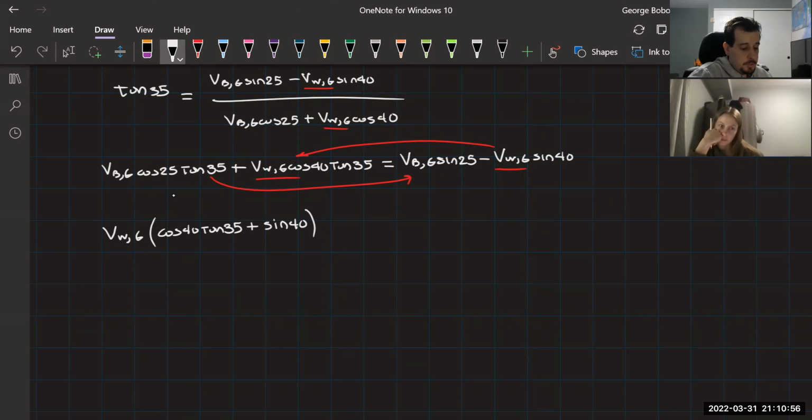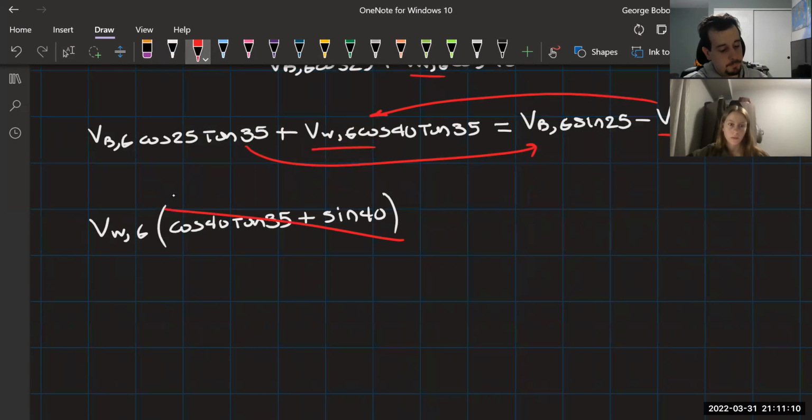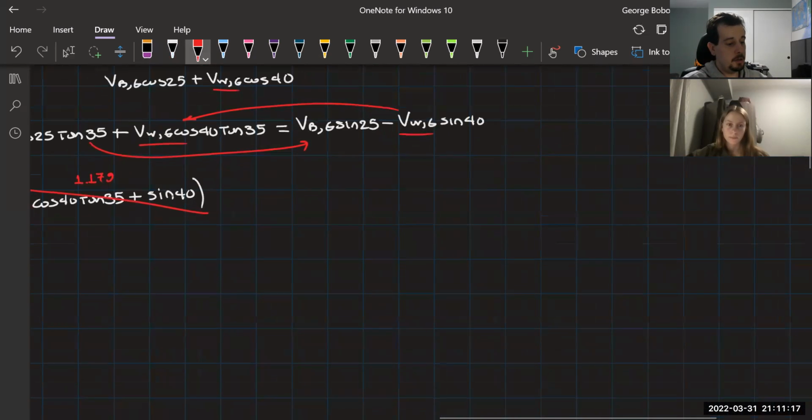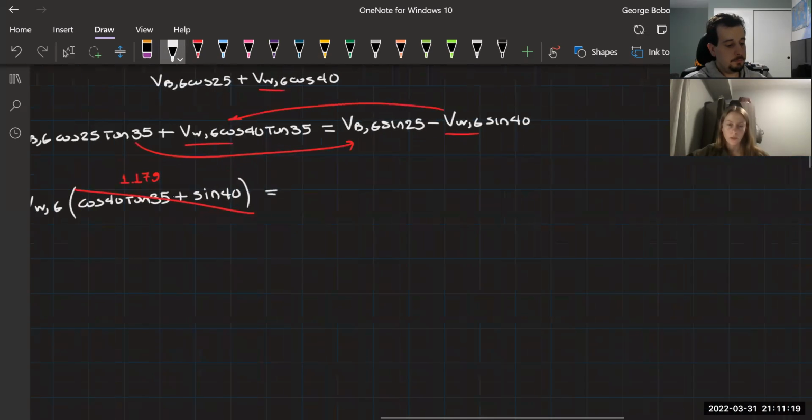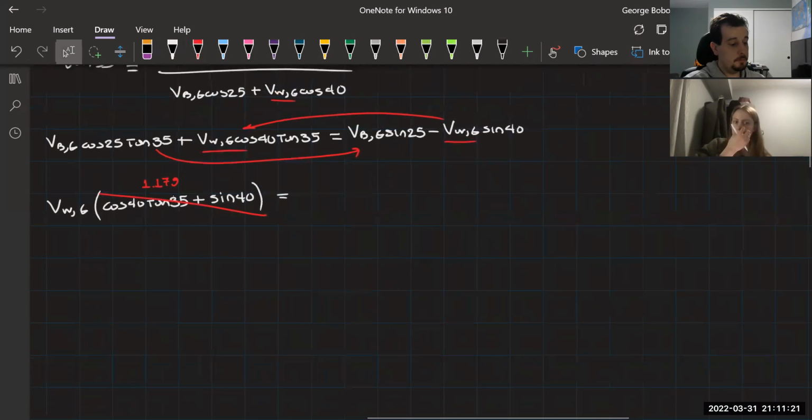Cos, make sure you're in degrees. 40 times tangent of 35 plus sine of 40 is around 1.179.